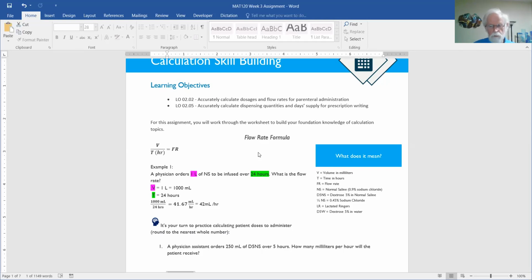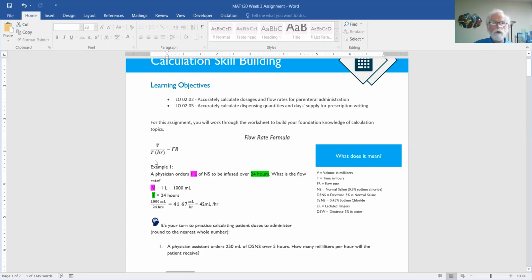I have seen it done in medical offices, but I've also seen offices that very clearly were not set up for it. It'll depend on your practice, but the whole idea is to look at the flow rate, which they call FR here, which is the total volume to be administered and the amount of time you're supposed to take to do it.